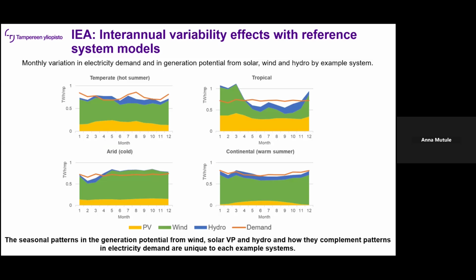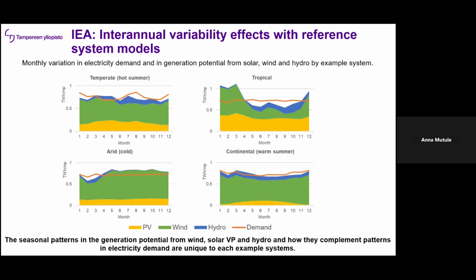We see that patterns vary significantly by climate zone. Again, for instance, for zones with hot summers, peak demand coincides with lower wind and solar output, increasing reliance on thermal capacity. In continental regions, we see better seasonal complementarity, reducing the gap between renewable generation and demand.